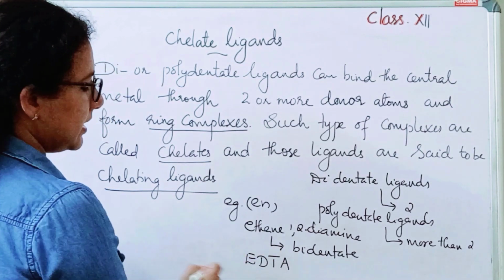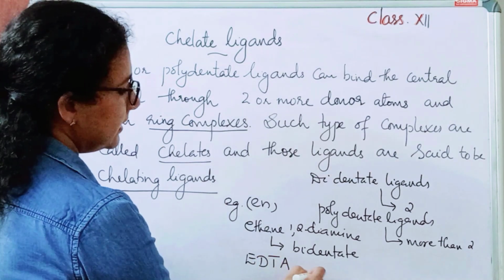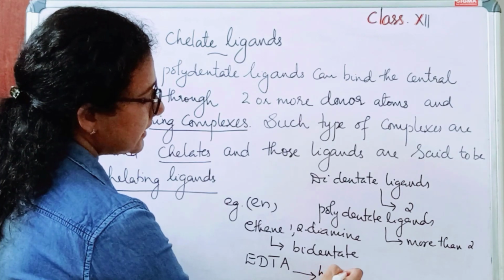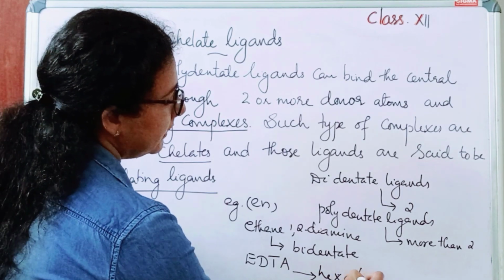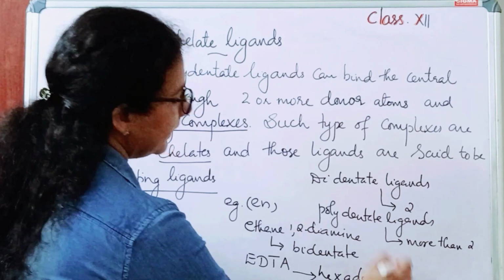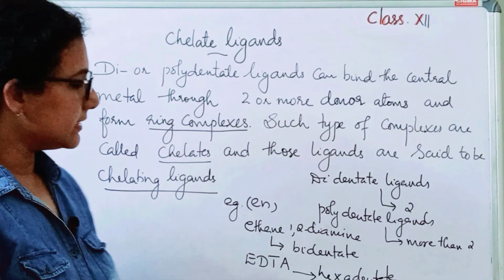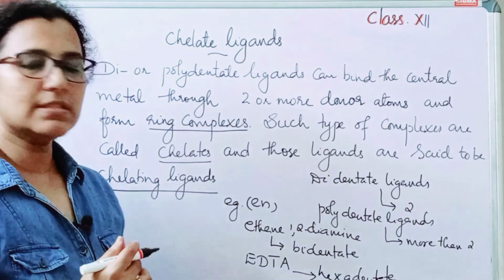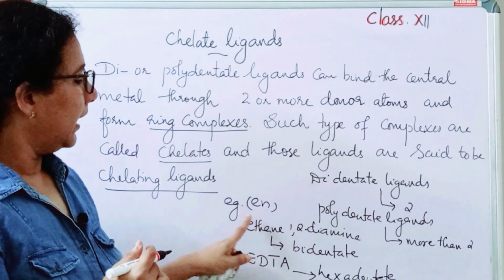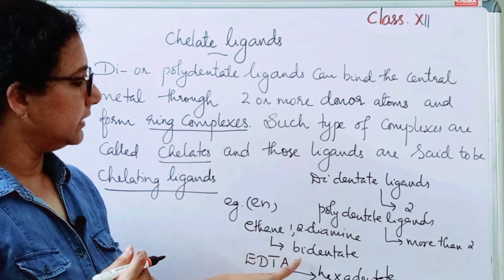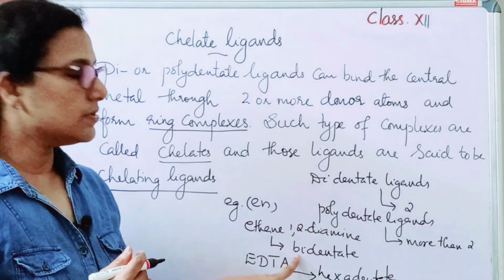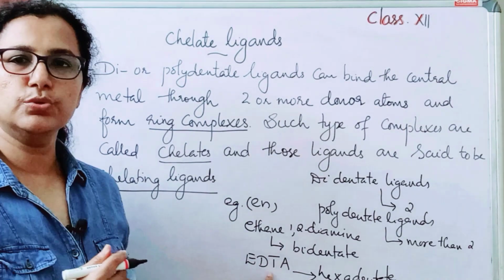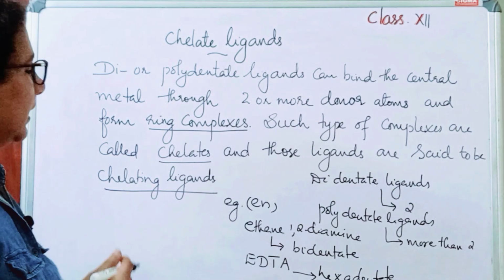It is a polydentate ligand with 6 donor atoms, so it is called a hexadentate ligand. This also forms chelate complexes. And En, ethane 1,2-diamine, a bidentate ligand, also forms chelate complexes. So En and EDTA are the two common examples of chelating ligands.